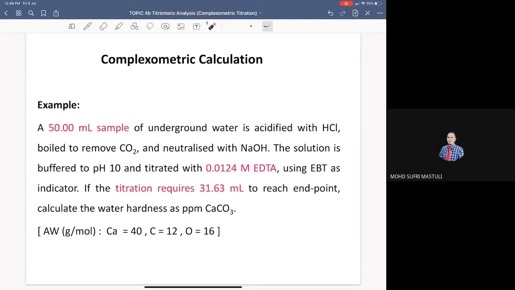For example, in this question, 50 ml of underground water sample is acidified with hydrochloric acid, boiled to remove carbon dioxide, and neutralized with sodium hydroxide.